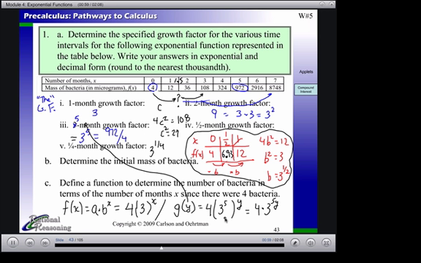Okay, so what I want you to do is let t be the number of years. If t is the number of years, I want you to write this growth in terms of a function of t. So h of t.